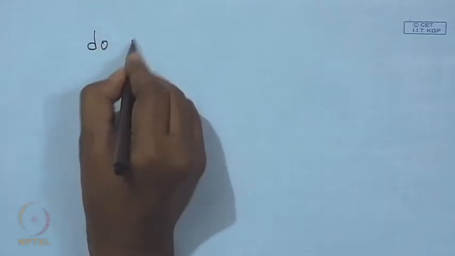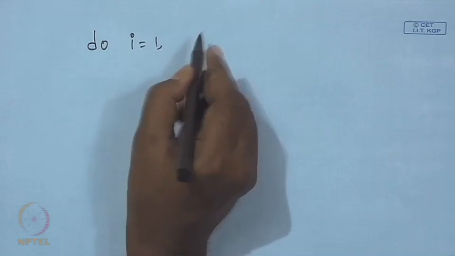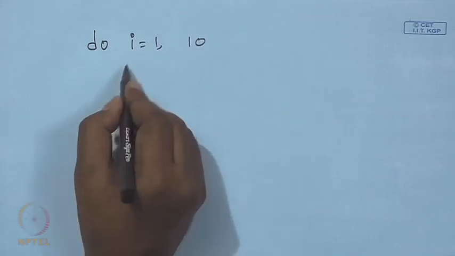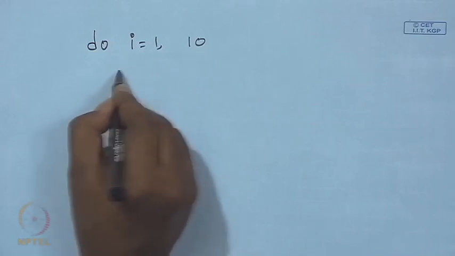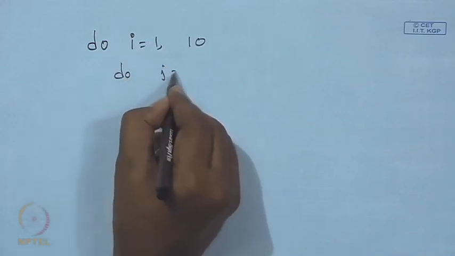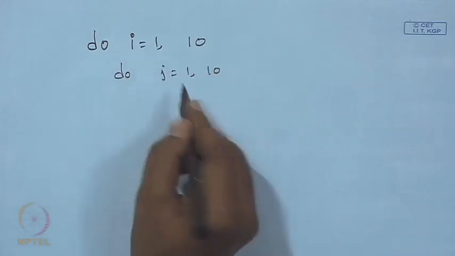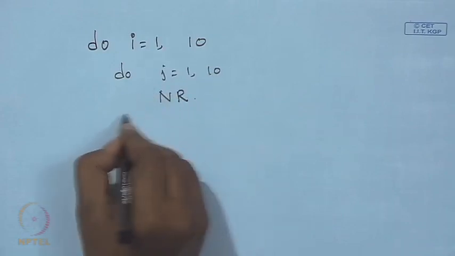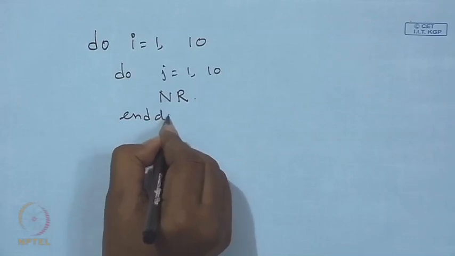If we look at the structure of the numerical solution, there will be 2 loops: I equals 1 to, let us say, 10, which will compute the 10 eigenvalues, and j equals 1 to 10. The first loop will be Newton-Raphson for the solution of this.